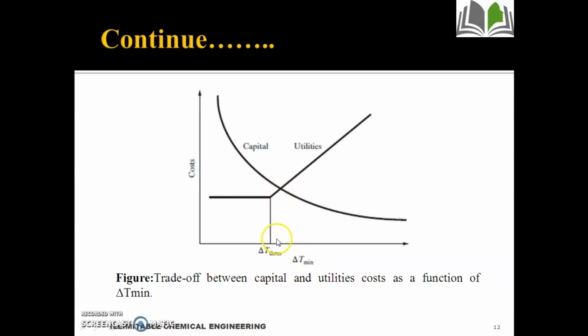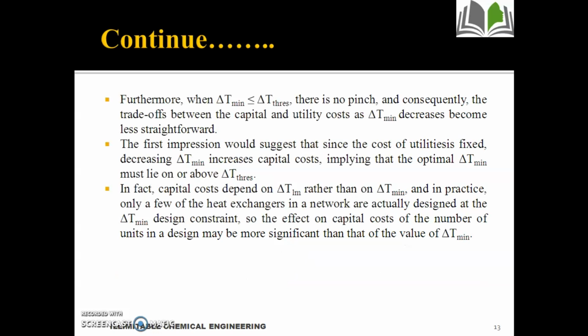Here we can see that when delta T threshold is achieved, the utilities cost will not decrease, it will be stable at that time, and the capital cost decreases as the delta T minimum increases, right? So this is the trade-off between the capital and utilities cost as a function of the delta T minimum. So this is the main importance of the delta T minimum in our heat exchanger network synthesis.